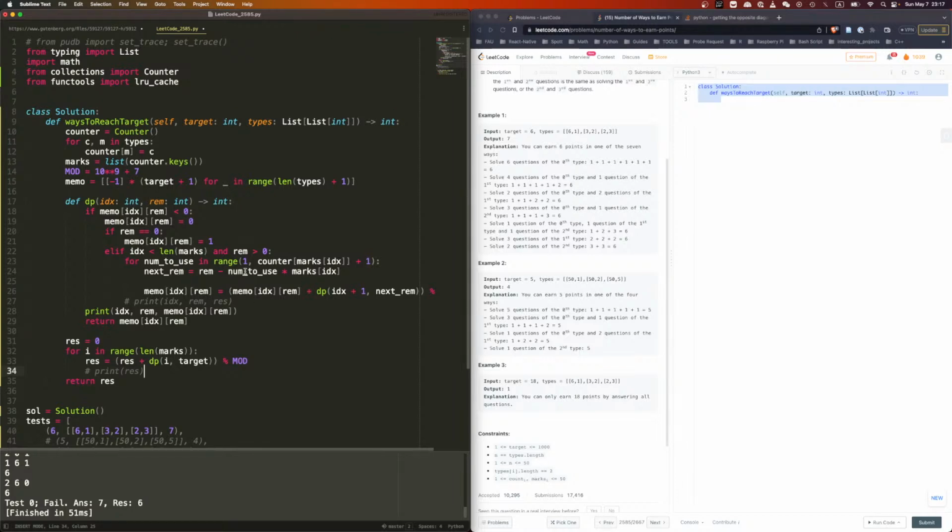If I have, this is 2. 2 times 3 is 6. That'll be 0. Next round will be 0. And this will be 3. So come in, I set this to 0. And I say rem is equal to 0. That's true, so it should be 1.